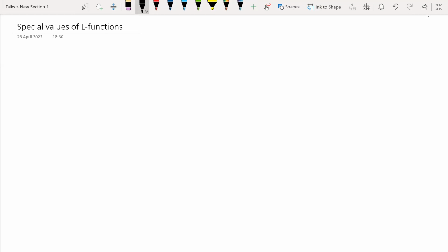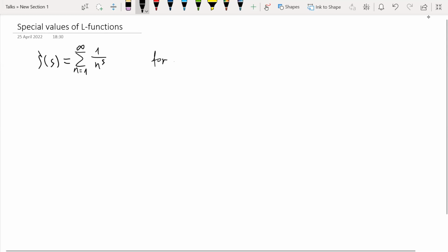So I will start by writing down the function which should be familiar to most of you, the Riemann zeta function, which is defined as the sum from n equal to 1 to infinity of 1 over n to the power of s. And here s is some complex number. And this makes sense if the real part of s is strictly greater than 1.